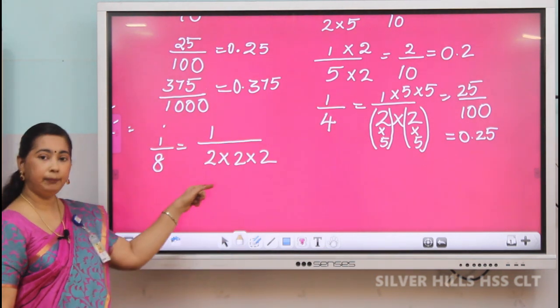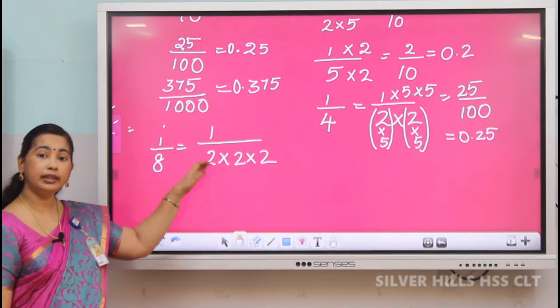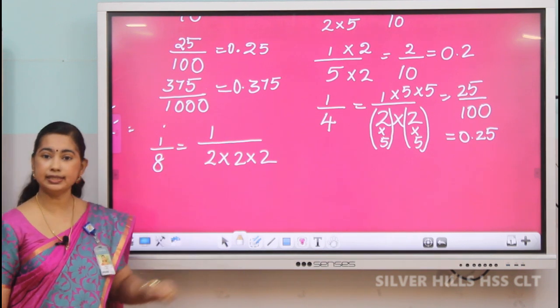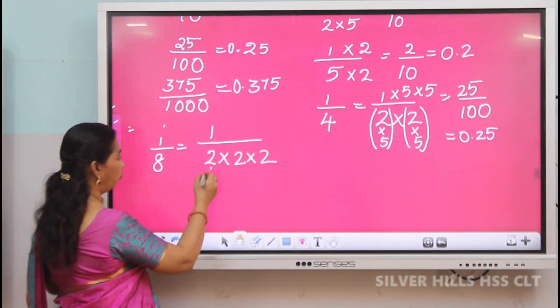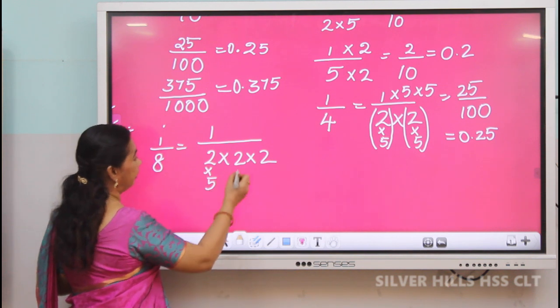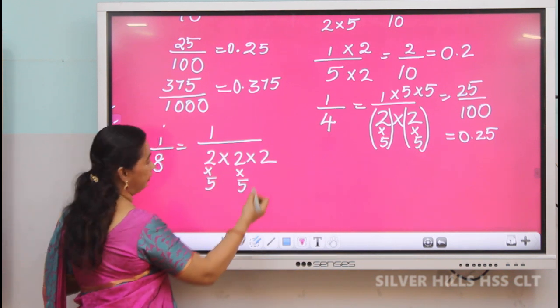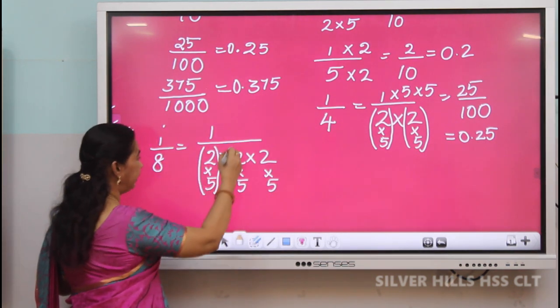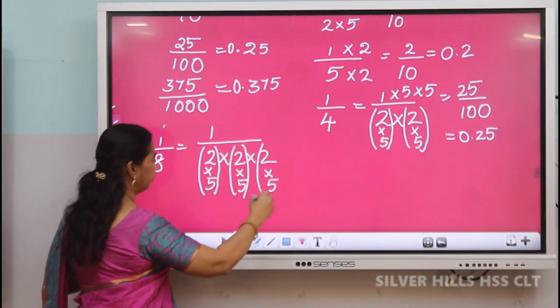There I have to multiply 3 5s in the denominator, so that I will get 10. So, I am multiplying 1 5 over here, 1 5 over this side and a third 5 for this one, so that I am getting pairs of 10.